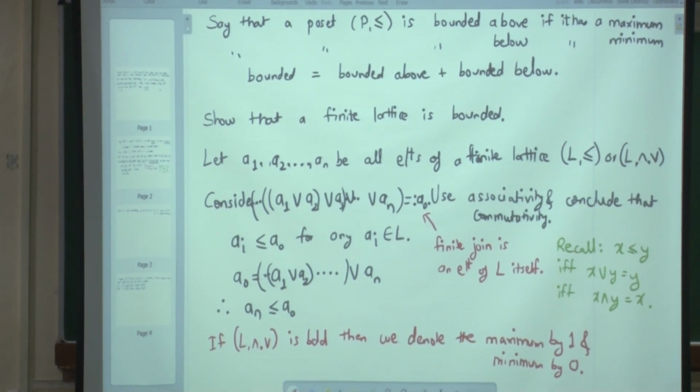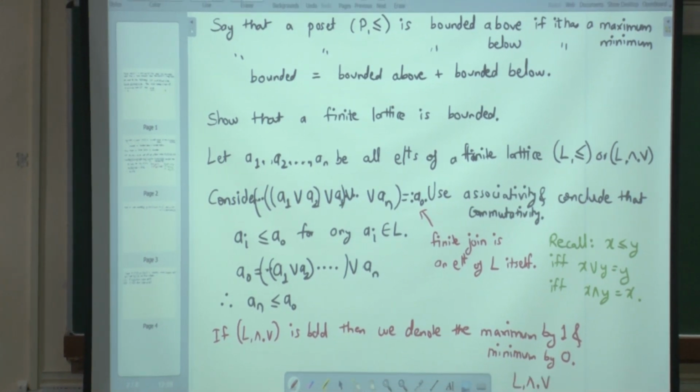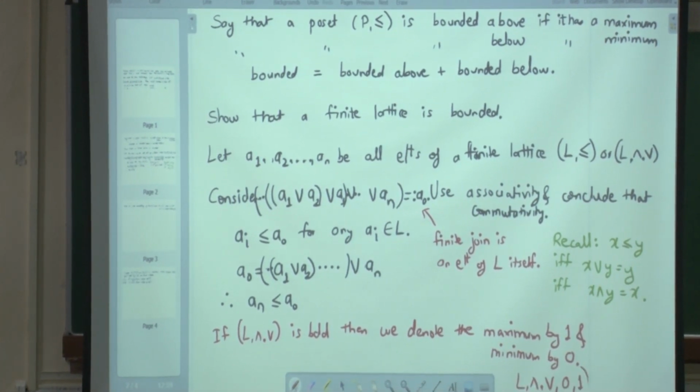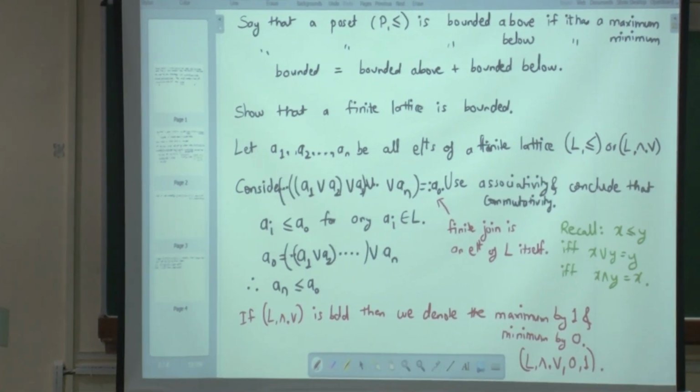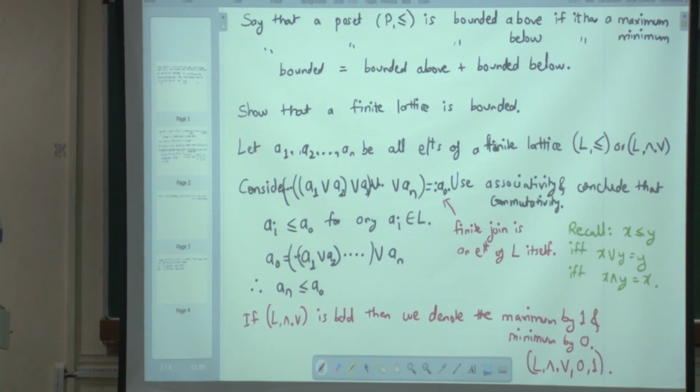And to emphasize this, we sometimes use the notation L, meet, join, 0 and 1. This is the complete signature of bounded lattices.